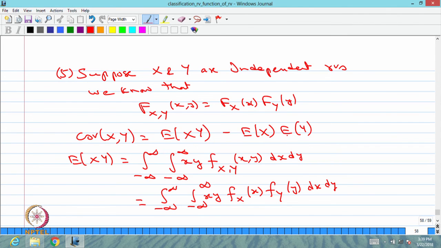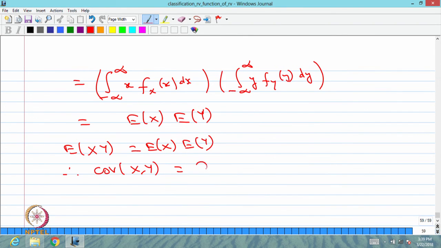But just now we got the result that expectation of x y is the same as expectation of x into expectation of y. Therefore, the covariance becomes 0. This is the fifth result. That means if two random variables are independent, the covariance is going to be 0.